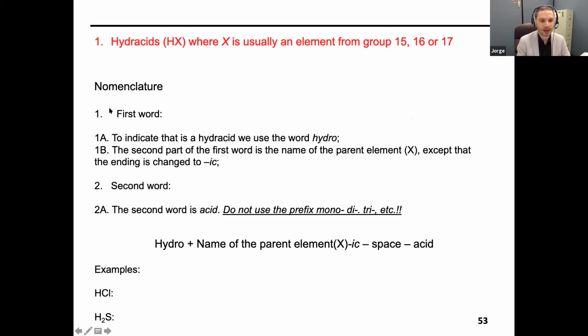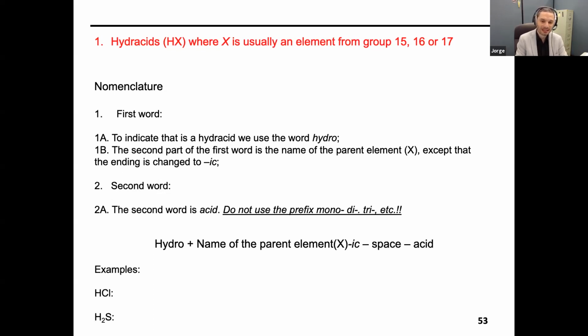First word in the nomenclature, to indicate that this is a hydracid, we use the word hydro. The second part of the first word is the name of the parent element, in this case the element that's bonded to hydrogen, except that the ending is changed to IC. And then the second word is simply the word acid.